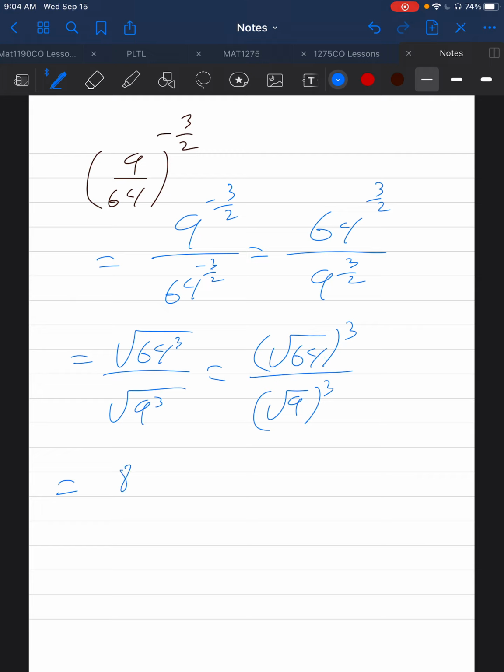So we're going to have 8 to the third power over, oh wait, no, this should be 3 to the third power. Right, I forgot to take that square root. Sorry about that. 512 over 27.